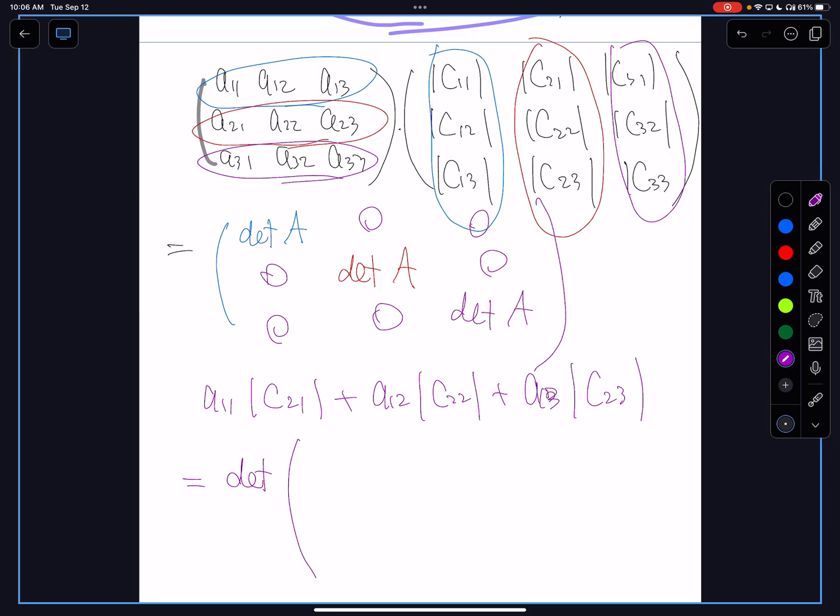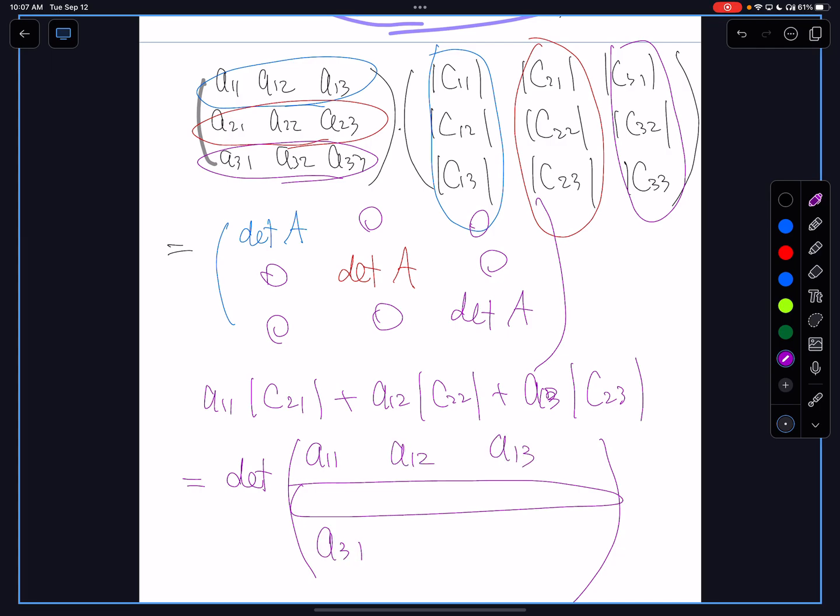This is erasing, following the second row, right? So A11, A12, A13, A31, A32, A33. So these 6 numbers will determine this determinant of cofactors, right?